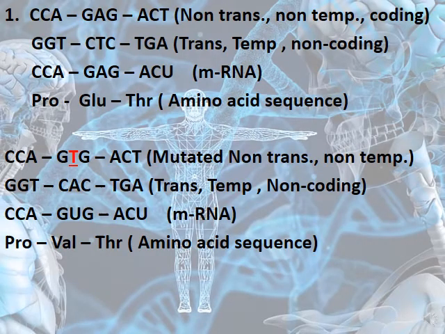Here the first sequence where we have CCA, GAG, ACT is the non-transcribed, the non-template, the coding strand. The complementary is called the transcribed, the template, the non-coding strand. The mRNA is CCA, GAG, ACU.